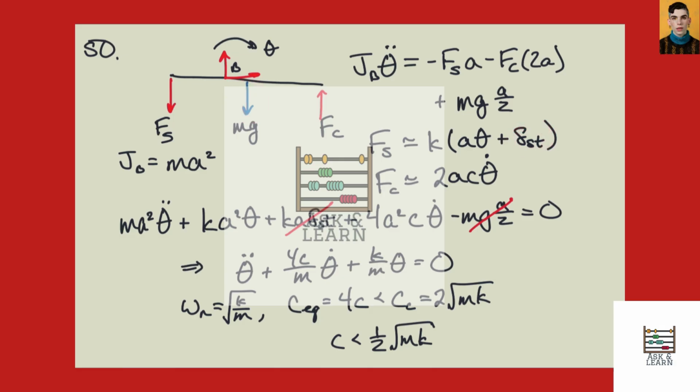So the total change in length in the spring is the amount from the rotation plus the amount that was caused by gravity. So this rotation theta is measured from the equilibrium position that's already rotated a little bit because of gravity.